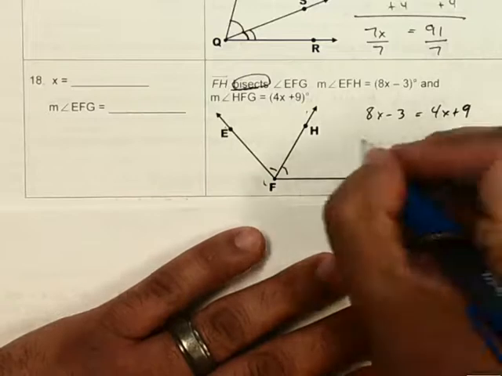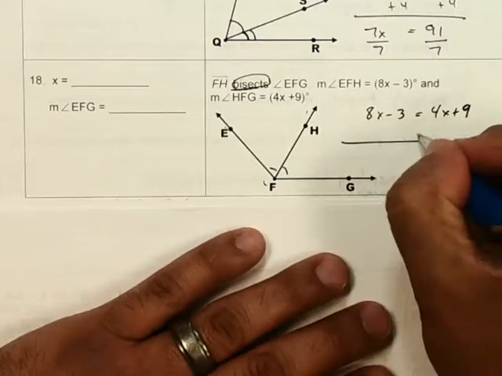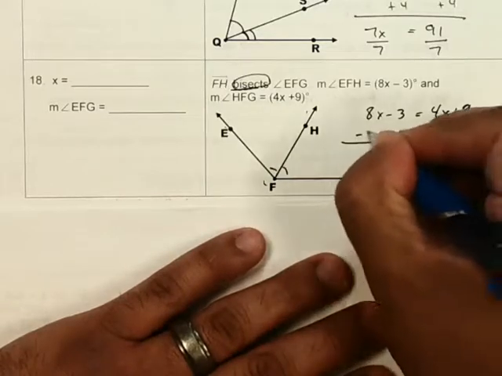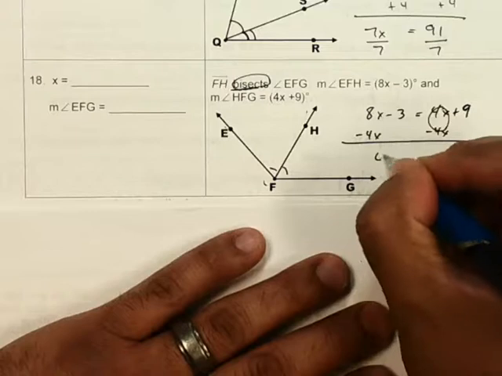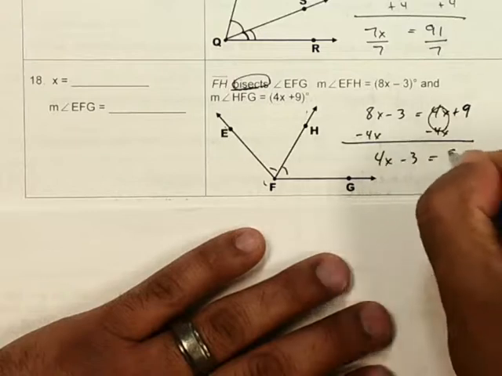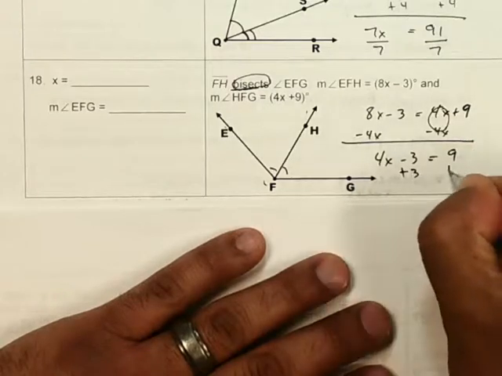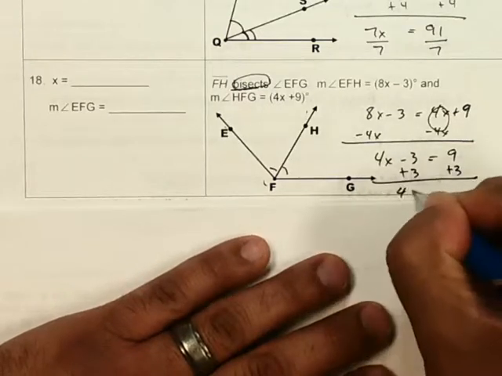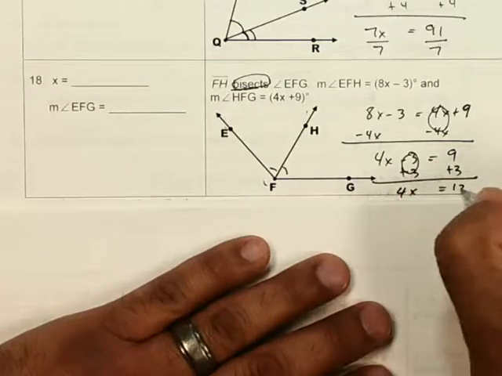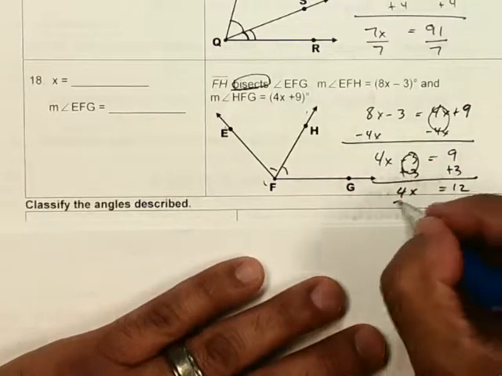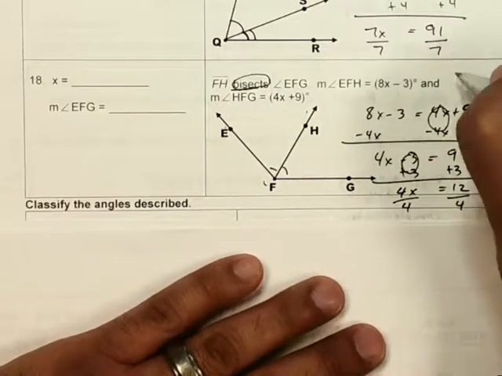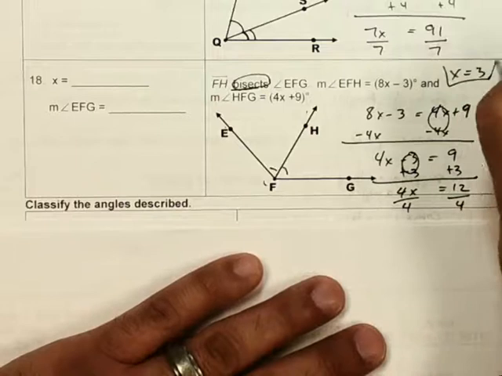Now what I'm going to do first is subtract 4x from both sides. This goes to 0. I got 4x minus 3 is equal to 9. Add 3 to both sides. We get 4x, this goes to 0, is equal to 12. And if I divide by 4, that tells me that x is going to be 3.